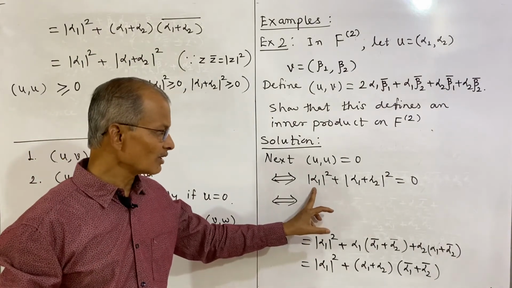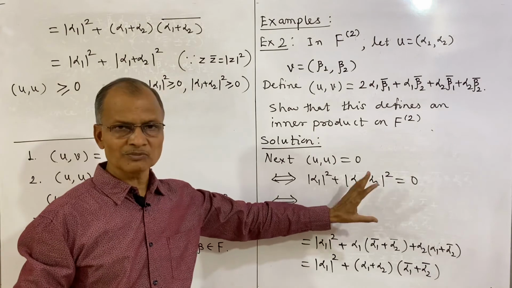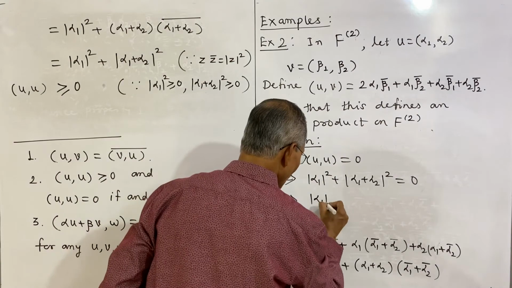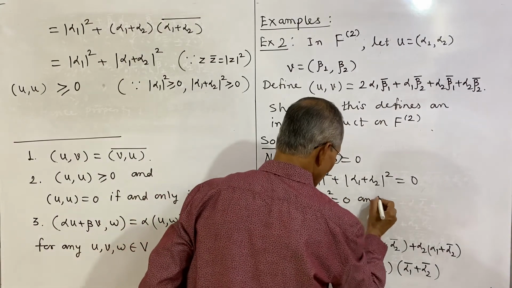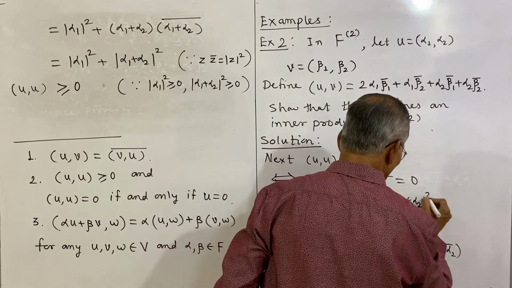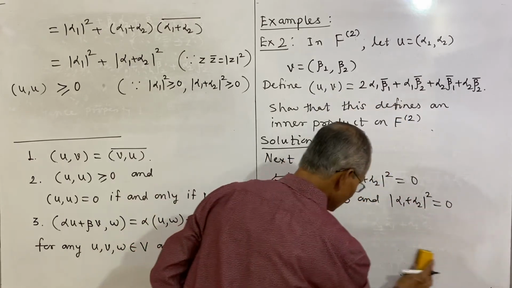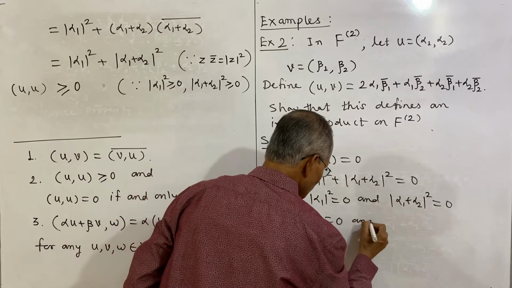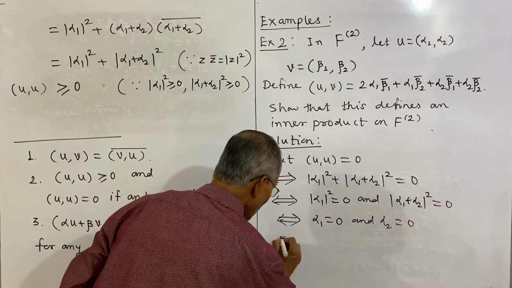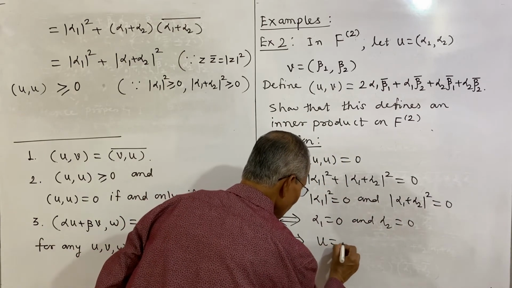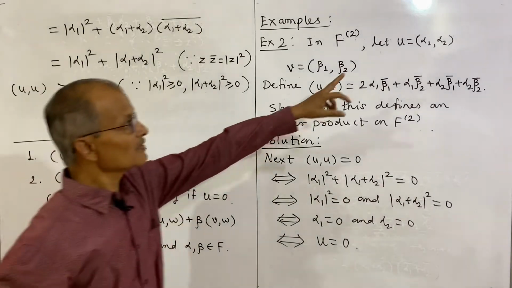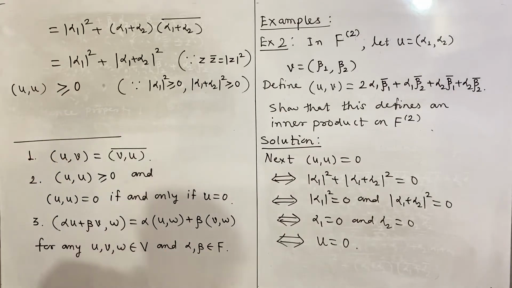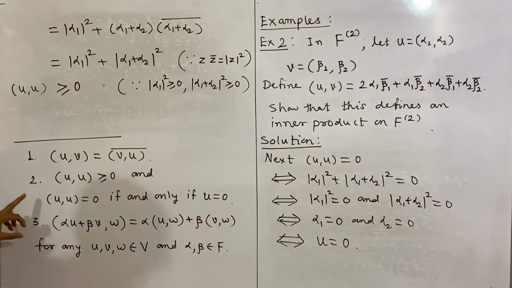So this is a non-negative quantity, and this second must also be non-negative, then and only then its sum is 0. This implies mod alpha 1 square is equal to 0 and mod alpha 1 plus alpha 2 square is 0, and this implies alpha 1 is 0 and alpha 2 is 0, and this means alpha 1, alpha 2 are 0, which means u is equal to 0. Because u has two components alpha 1 and alpha 2, and thus u is 0. So thus we have proved the second property.